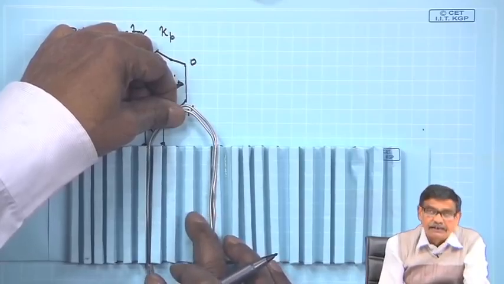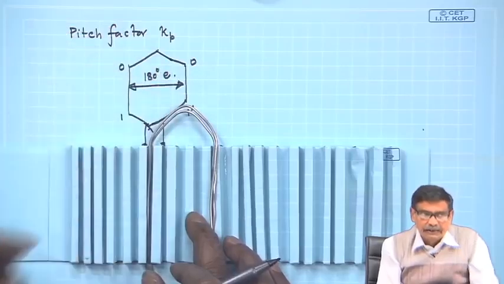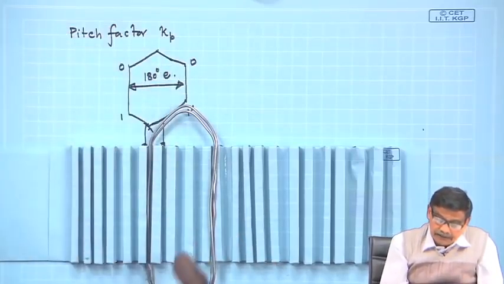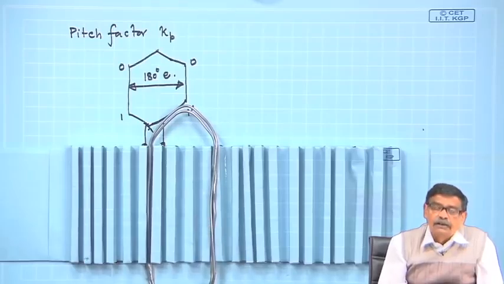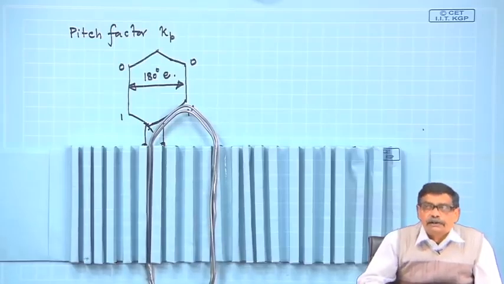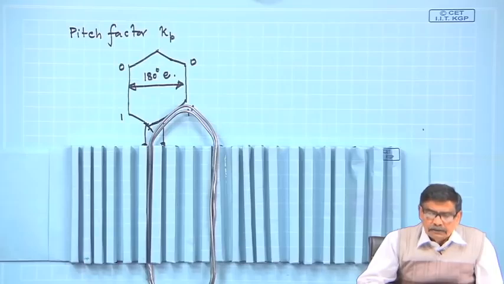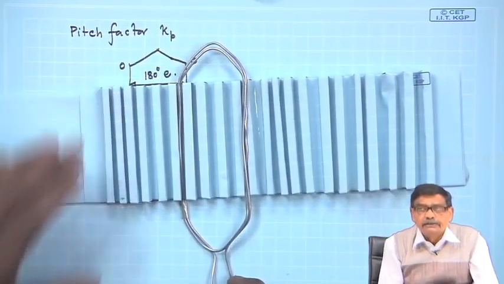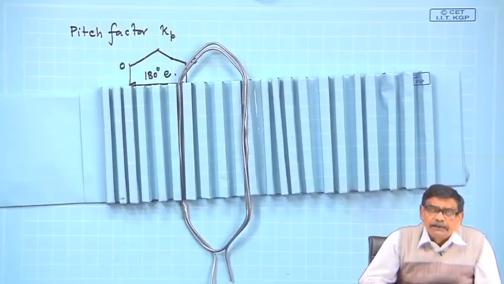Suppose it is placed here, that is the coil span is made, if it is 30 degree between the slots, it is made 150 degree. Then also I should get some RMS voltage across this, but this time it is expected the voltage will be less.